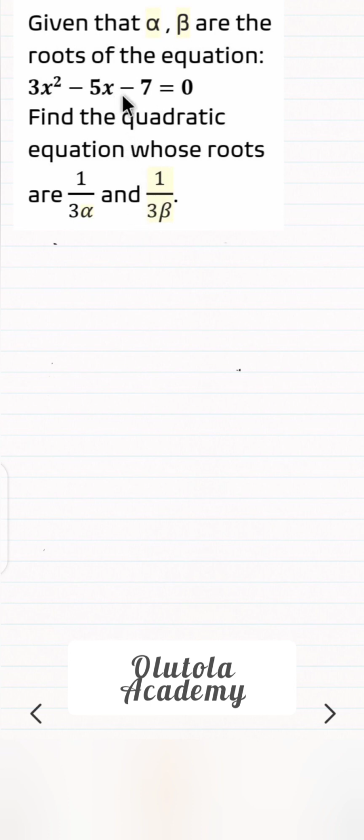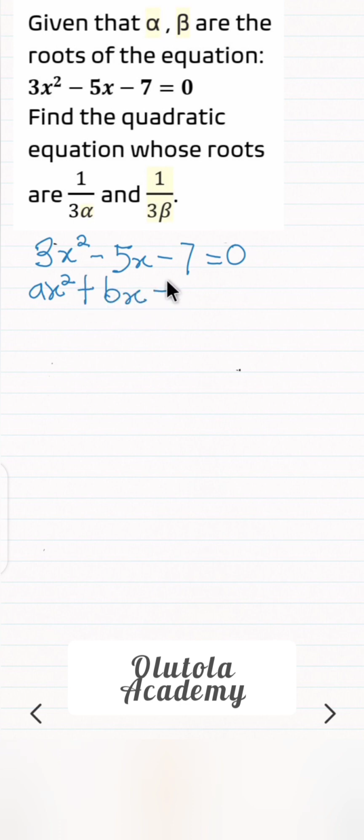Now the first thing I will do here is to write out my equation. I have 3x squared minus 5x minus 7 equals 0, and I'll compare this equation with the general form of a quadratic equation, which goes ax squared plus bx plus c equals 0.